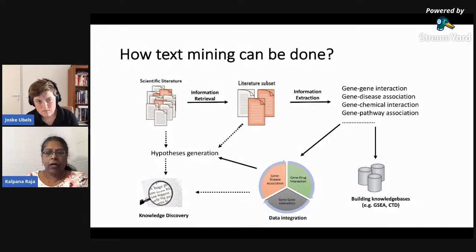We can either go ahead and build knowledge bases so that it becomes public and others can use it. Some of the examples include Comparative Toxicogenomics Database and GSEA. Or we can just integrate the information together for hypothesis generation that finally leads to knowledge discovery. In this way, we can find some knowledge which is not yet published, like predicting something.